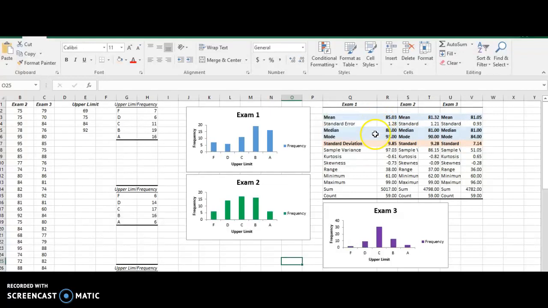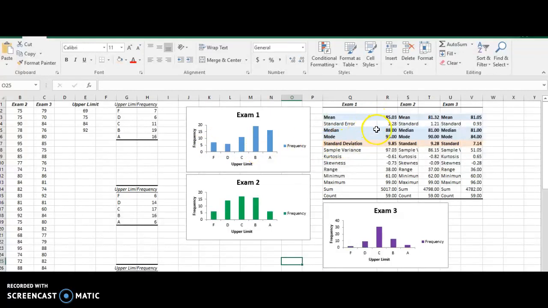So the more skewed the data is, like it was here in exam 1, the further the mean and the median will be apart from each other. And you can see here that the median was greater, and that will normally be the case, where the mean is being pulled down by the outliers or the values that are in that tail. And the median was up in the higher end of the 88.